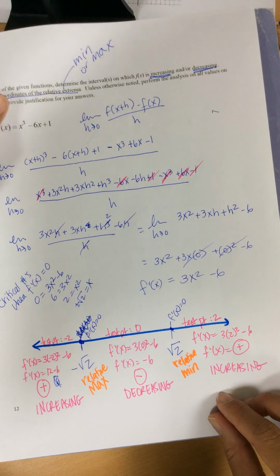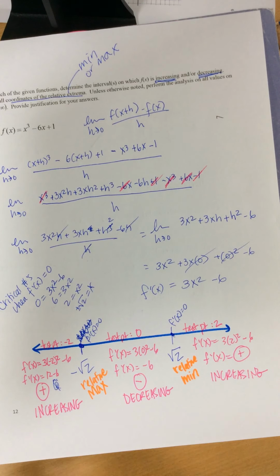So we just did all of this work to figure out these things. So how would we write our answer? I'm going to write it on a new sheet of paper so I don't squeeze this all in.